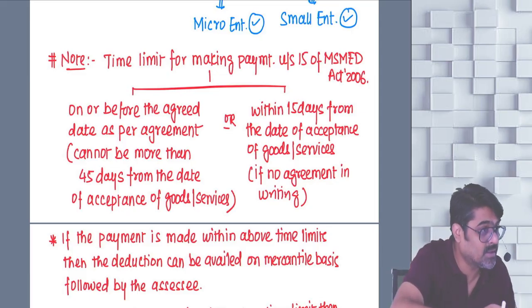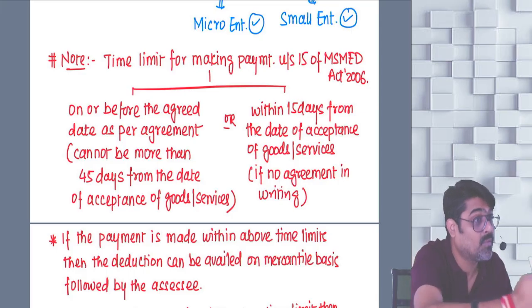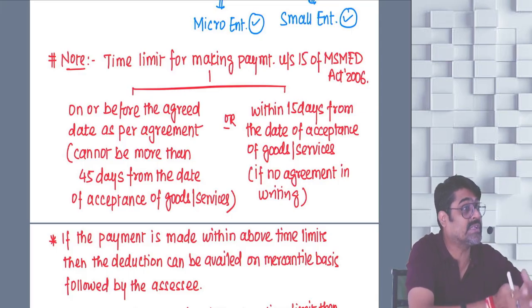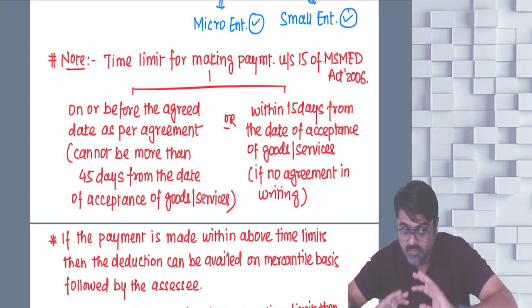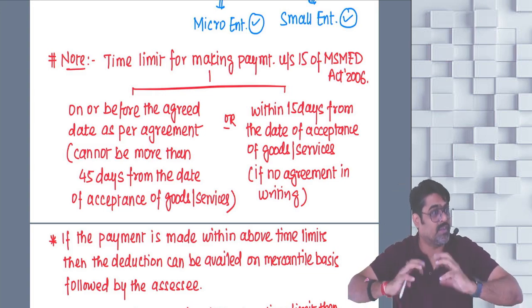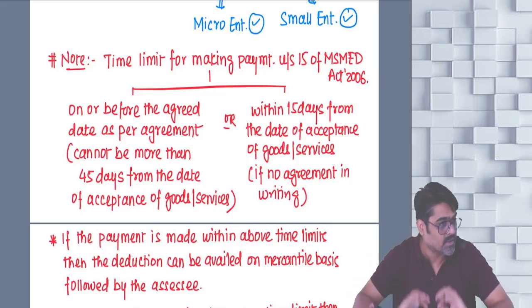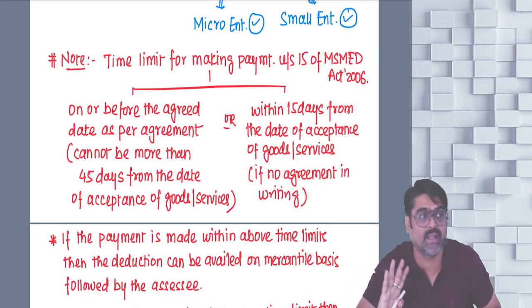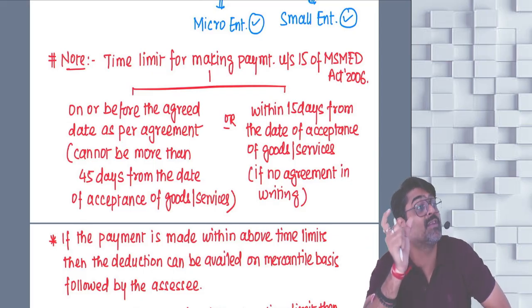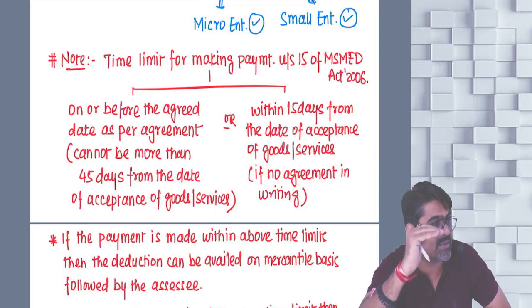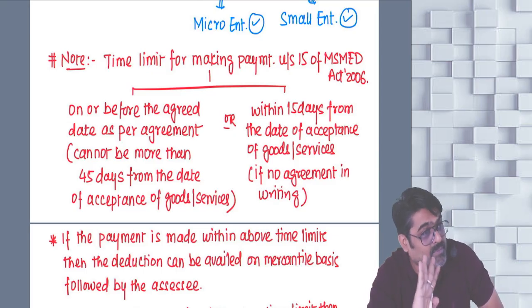Agreement period from this date or from this date, 45 days, whichever is lower. And if there is no agreement, then from the date of receipt of goods, from the date of receipt of service, within 15 days, the payment must be made. This is the due date. This is the period specified in section 15 of MSMED Act.